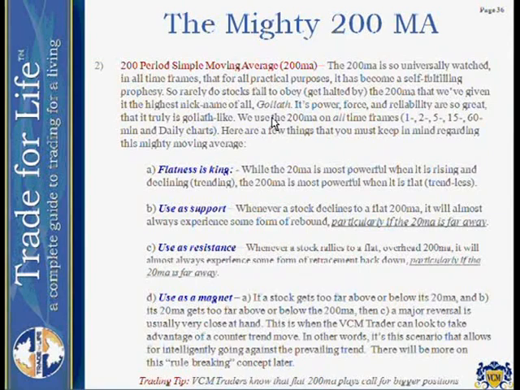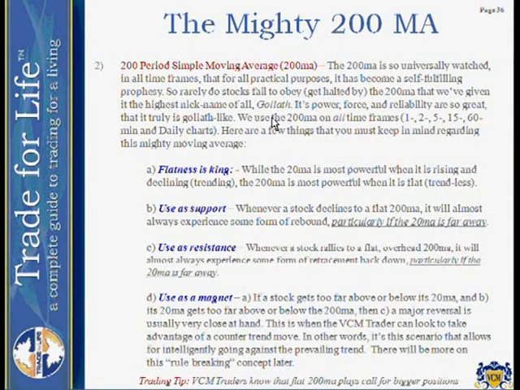A flat 200 period moving average is powerful. It's powerful as support if the stock is above it. It's powerful as resistance or a ceiling if the stock is below the flat 200.